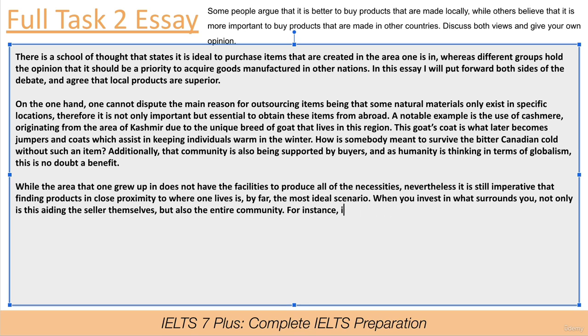mountain villages have problems with the younger generation leaving.